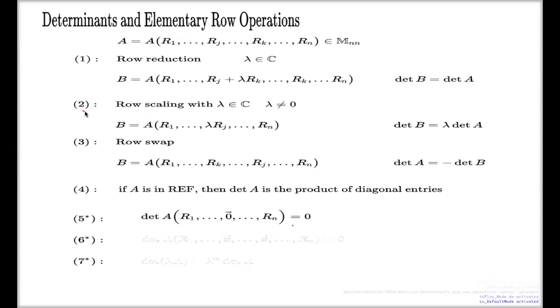If you have a matrix with a 0 row, you can multiply this row by any number, for instance by 2. What's wrong with that? Nothing wrong with that.